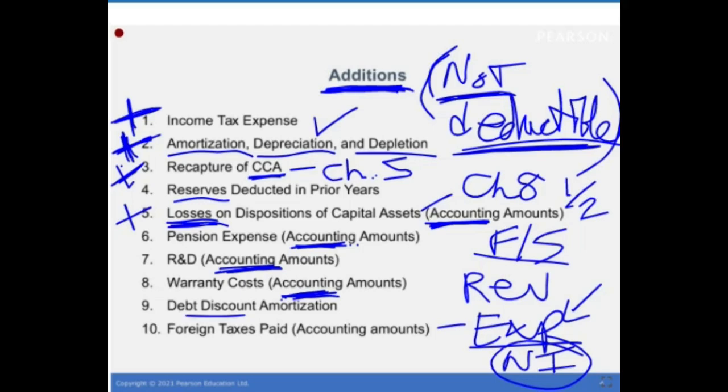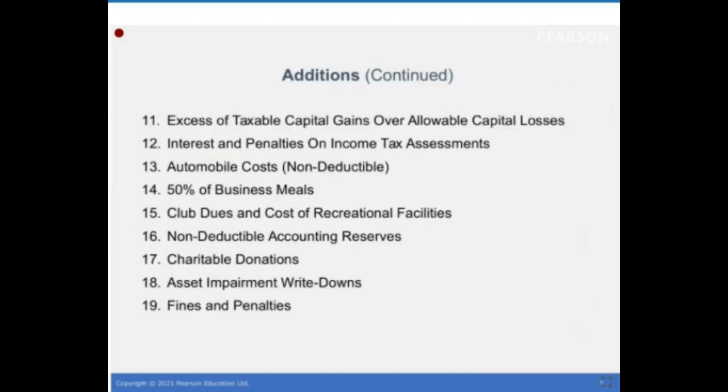Debt discount amortization, foreign taxes paid. Foreign taxes paid may come back around as a tax credit, but for purposes of this, they're not deductible. Excess of taxable capital gains over allowable capital losses.